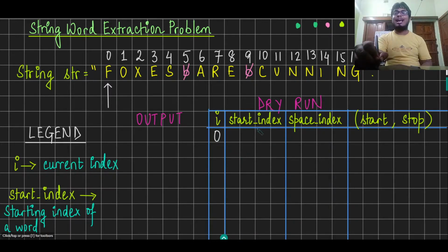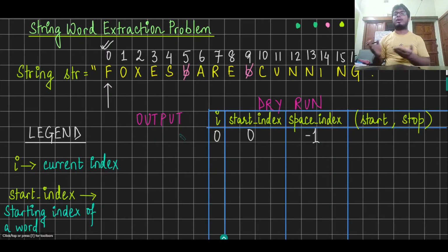Now, start index refers to the starting index of a word. Initially, while extracting the first word, the starting index would be 0, isn't it? The initial word always begins from index 0. All right, and space index indicates the index where a space has been found. Initially, as the space is not found, I'm going to initialize it as -1. I'm going to talk about this a little bit later.